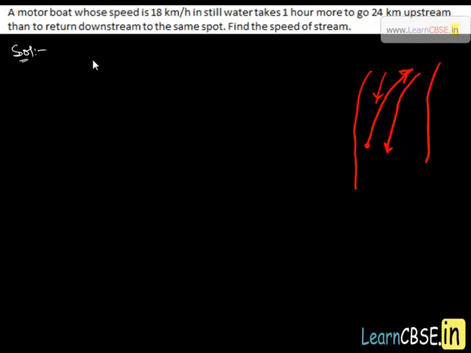Before solving these kinds of problems on speed, first we will define what is speed. Speed is the distance traveled by the body in unit time. Mathematically, speed is the distance traveled by the body in unit time. Using this formula, we can solve this problem.